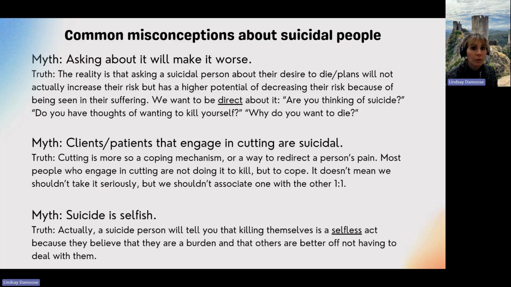And I remember taking my psychodiagnostics class in graduate school, and I was terrified even at the thought of asking somebody if they wanted to kill themselves, if they were thinking about suicide, because I was so terrified that they're in this fragile state, and if I ask about it, then all of a sudden they'll be like, you know what?